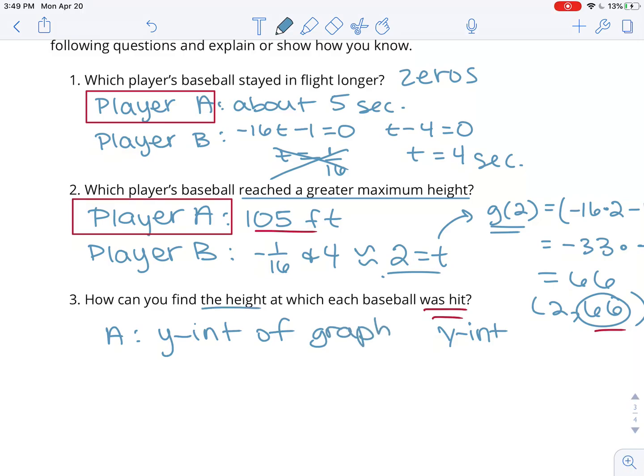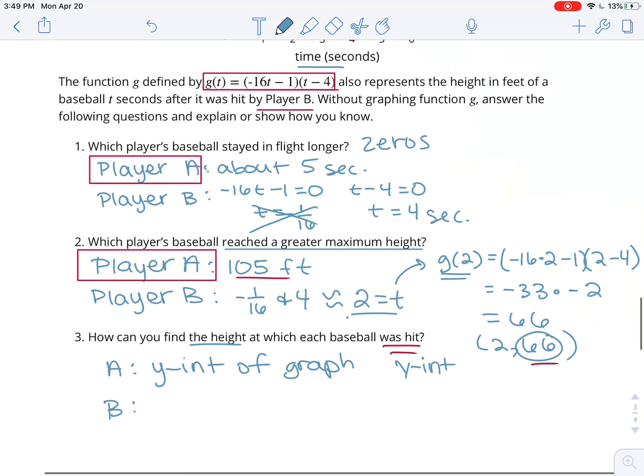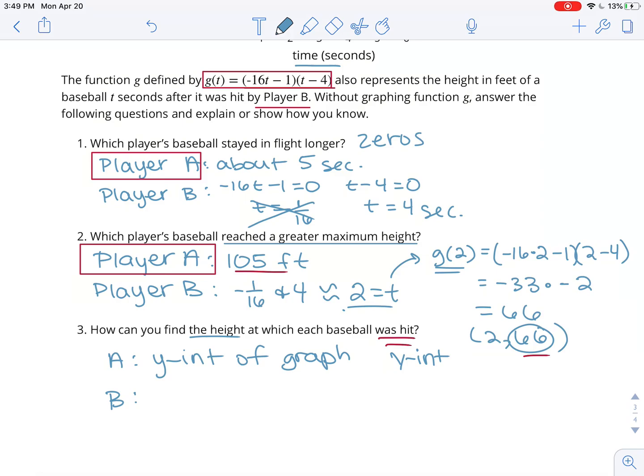And if we want to find the height at which the baseball is hit for player B, here we only have the equation. And so, remember, the y-intercept is the value when x equals 0. And in this case, we're looking at t.